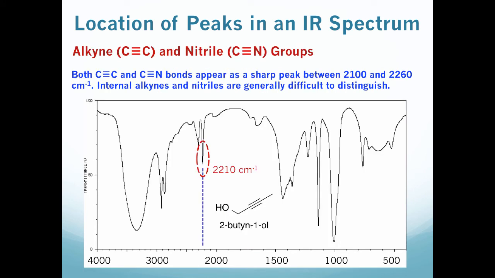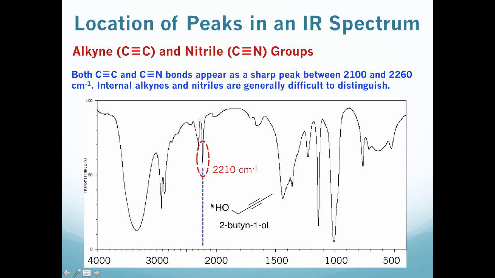Now we're going to move into the triple bond region. In that region is where you're going to have carbon-carbon triple bonds and carbon-nitrogen triple bonds. They're very hard to distinguish between, but they generally show up between 2100 and 2260 wave numbers. So here we're going to look at 2-butyn-1-ol.